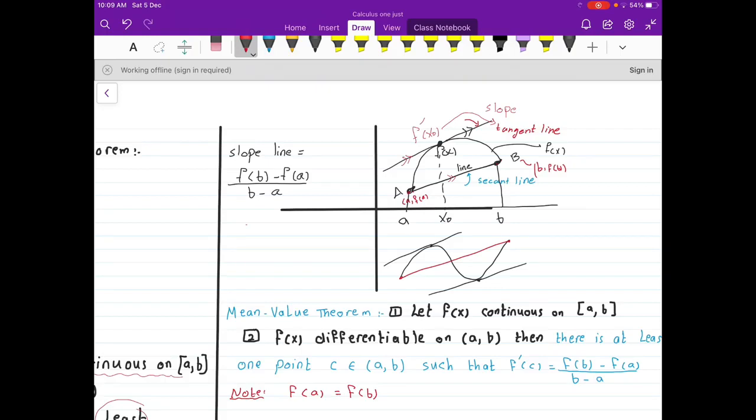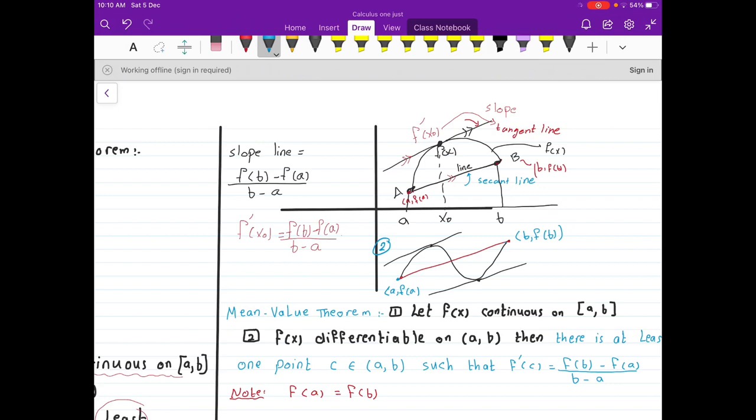They are equal. So obvious إنه f prime of x naught equal f(B) minus f(A) over B minus A. Now, if we draw this graph, if we draw this function, this point A f(A) and this point B f(B).